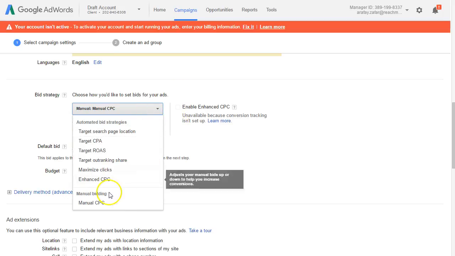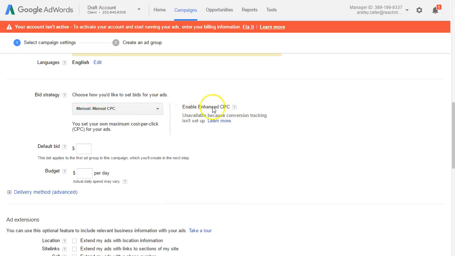Okay, so I would select manual CPC and I would enable enhanced CPC once conversion tracking is set up, because right now the conversion tracking has not been set up, and so Google cannot enable this option for us because we just started a campaign.